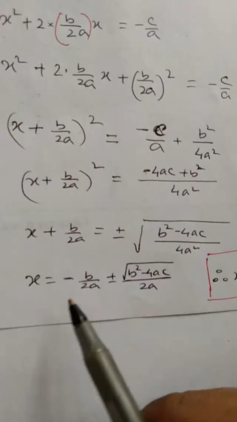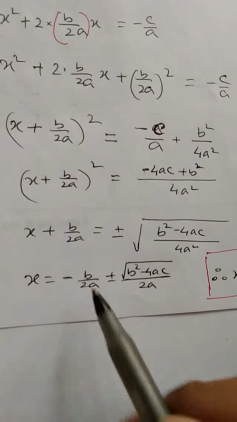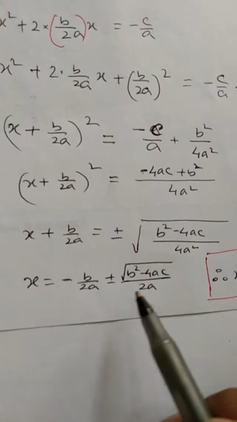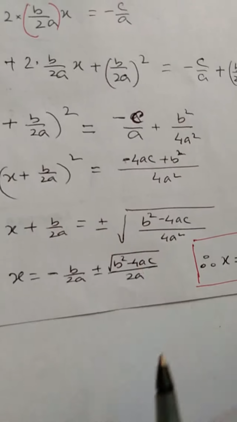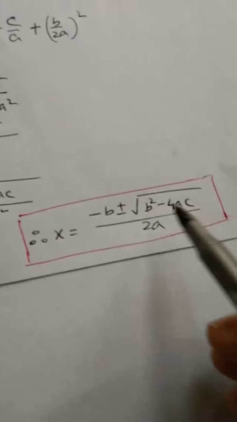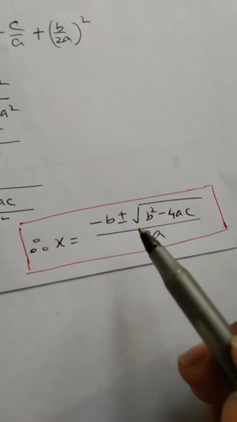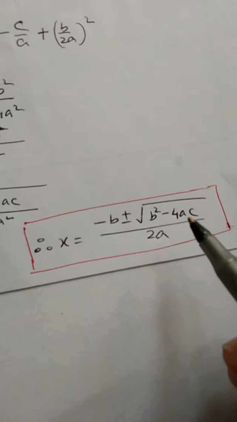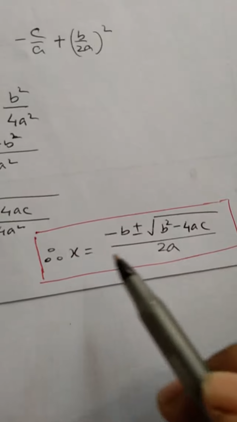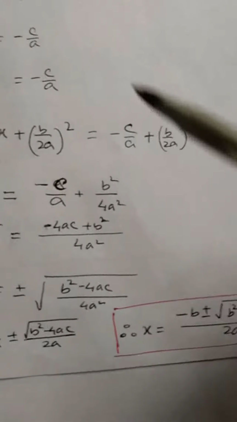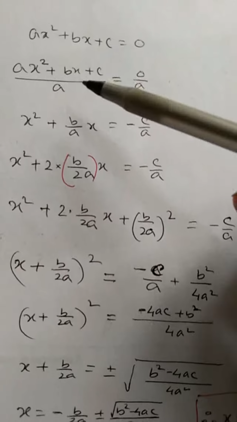Then finally after simplifying, the LCM is 2a, and we get x equals minus b plus minus root over b square minus 4ac by 2a. So this can be the value of x if we solve this quadratic equation by the completing square method.